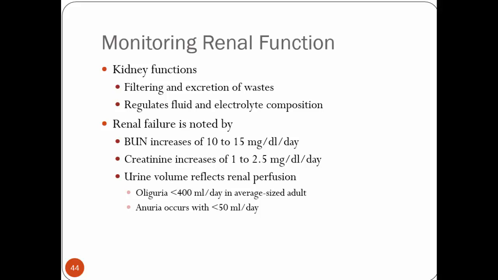And so many times we give them diuretics, right? Well, the diuretics many times, if their kidneys are in good shape, will increase their urine output. But in addition, you also lose some electrolytes out in the urine that you wouldn't normally. So you have to stay on top of their electrolytes also.